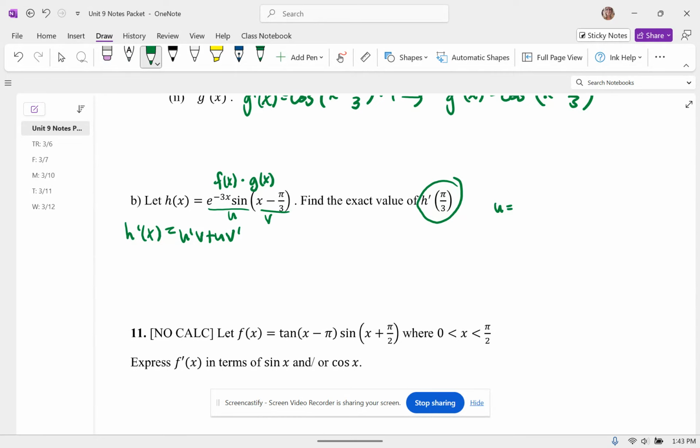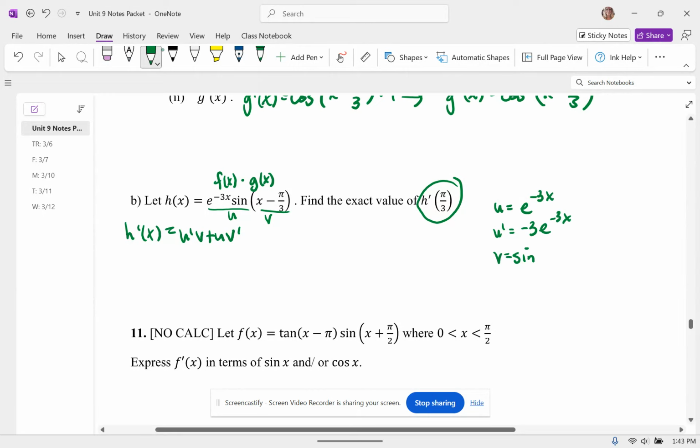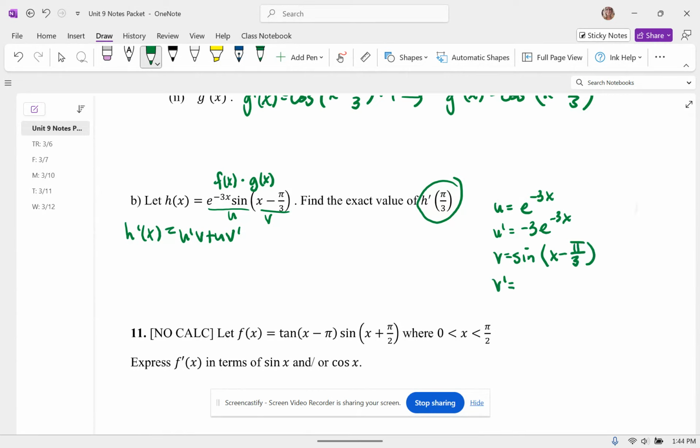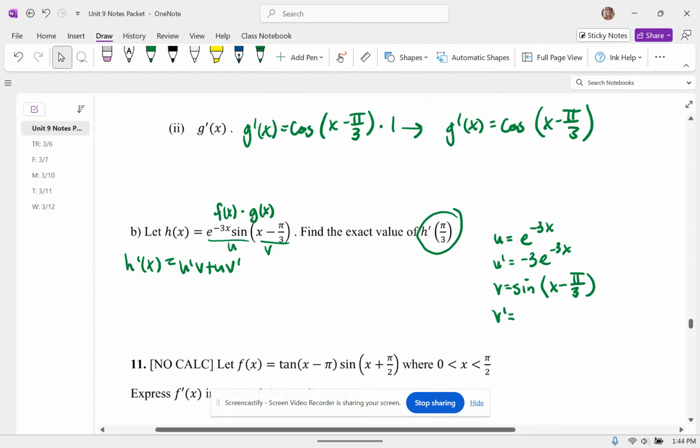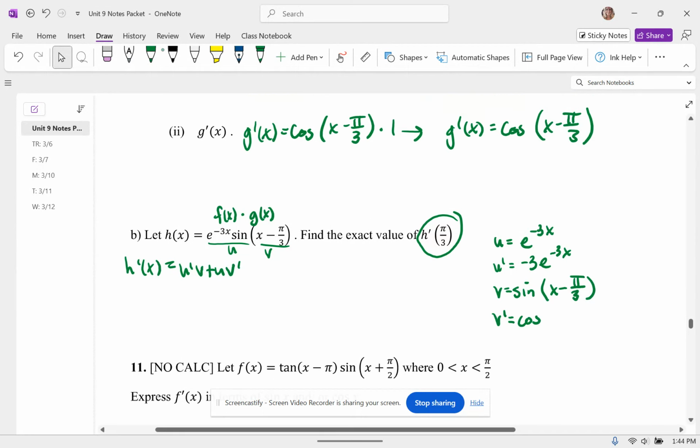U is f of x. U prime is the derivative. V is the sine of x minus pi over 3, and v prime is g prime, which we found up above. Do you guys see how we're using all the stuff we already found to save some time? I do.